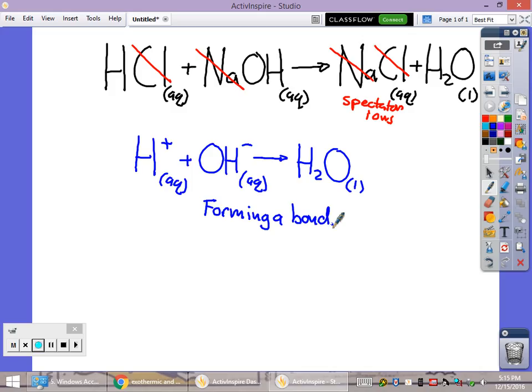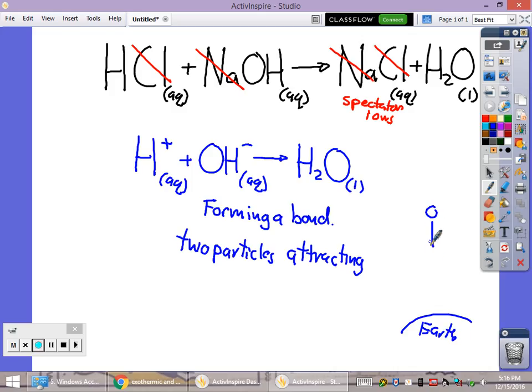What's happening is that two particles are being attracted. And when two particles attract, it's the same as having a rock falling towards the earth.